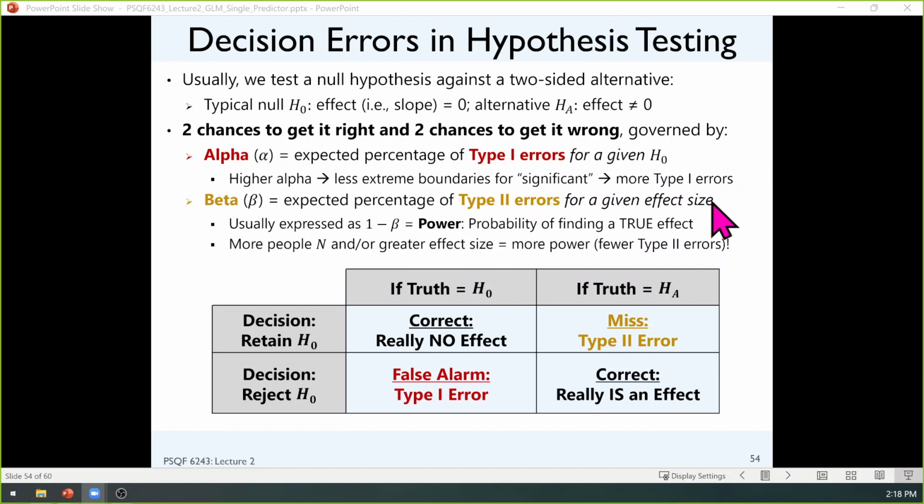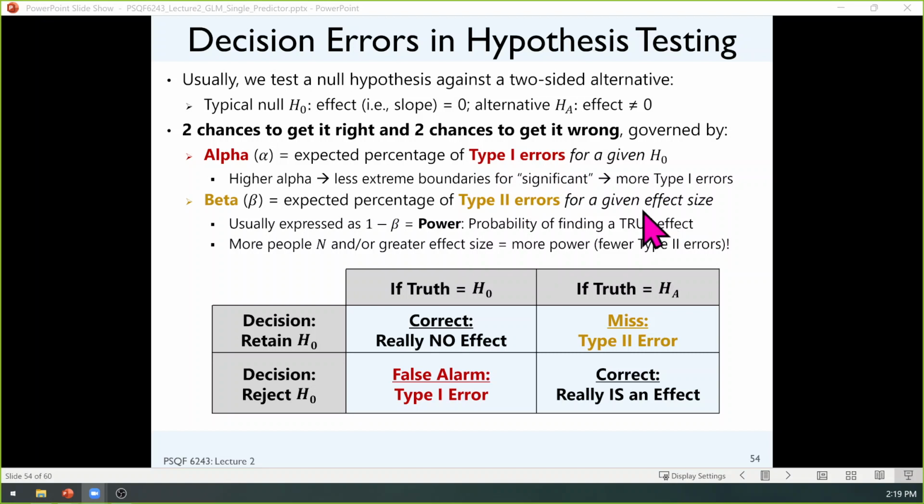And power is the probability of finding an effect that's really there. So that's the part where sample size comes in: how many people do we need to have a good chance of finding something if it's really there? How many people do we need to have adequate power, as it's called? So type 2 error is something you have to worry about if you retain the null hypothesis, if you say there's no relationship or the relationship is non-significant.